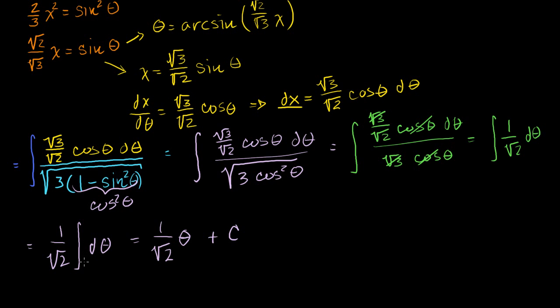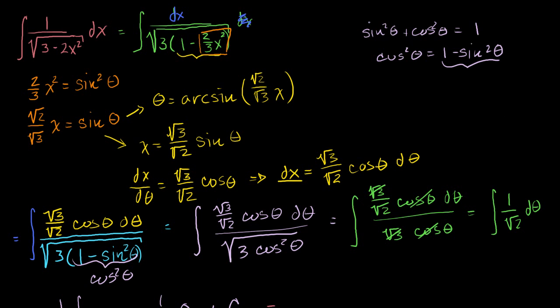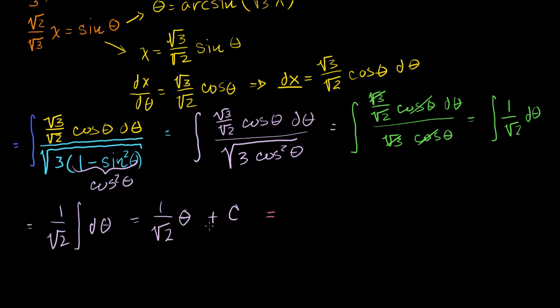But are we done? Well, no. We want to know our indefinite integral in terms of x. So now we have to reverse substitute. So what is theta? We figure that out here. Theta is equal to arc sine of square root of 2 over square root of 3 x. So our original indefinite integral, now that I reverse substitute for theta, or put x back in there, it's 1 over the square root of 2 times theta.